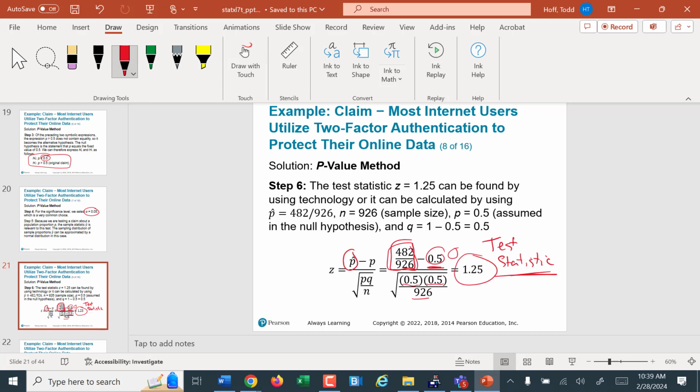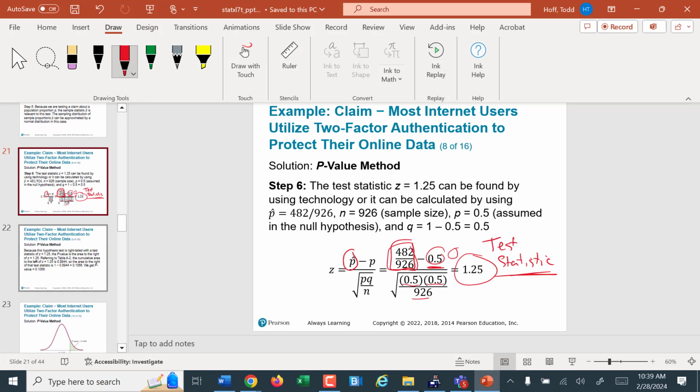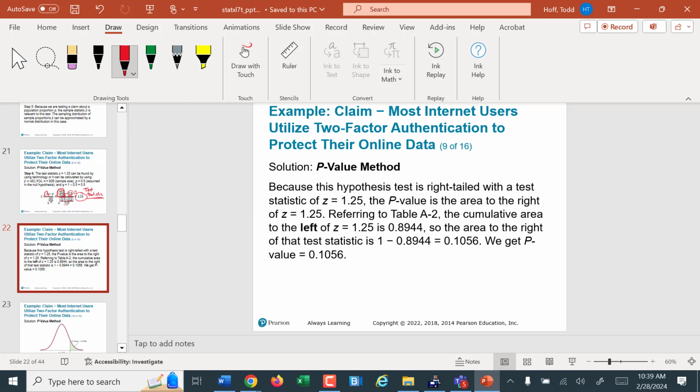Well, we can either use a p-value test or we can compare that to a critical value. First here, we're going to look at the p-value. How do we find the p-value of this? Well, since the alternative, H1, is greater than 0.5, the greater than inequality symbol is all we really care about here.